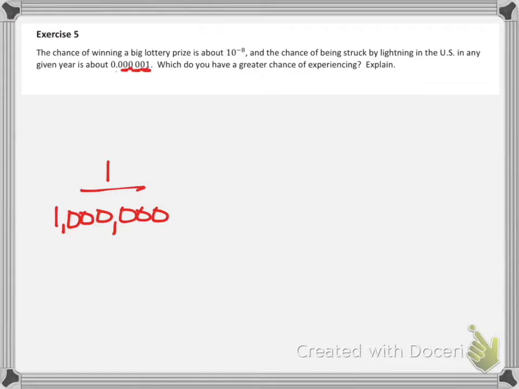And then we can write this in exponential form. So look back at our original number. We have six digits here, so that's 10 to the negative 6th. 10 to the negative 6 would be our integer for being struck by lightning in the United States in a given year.